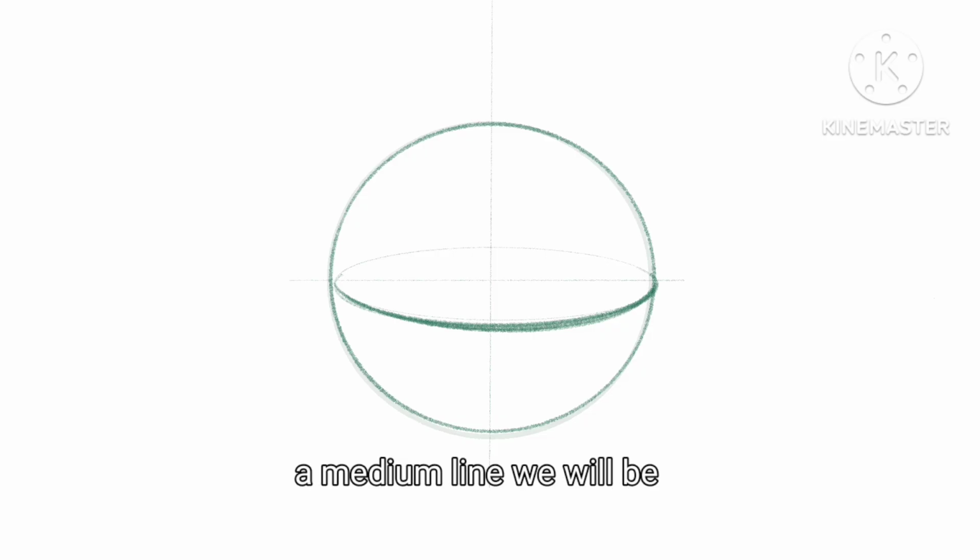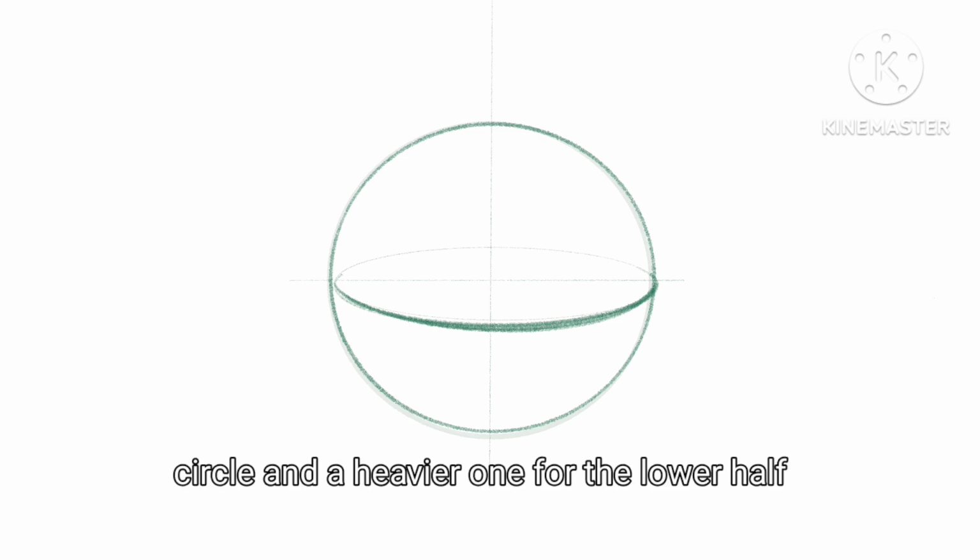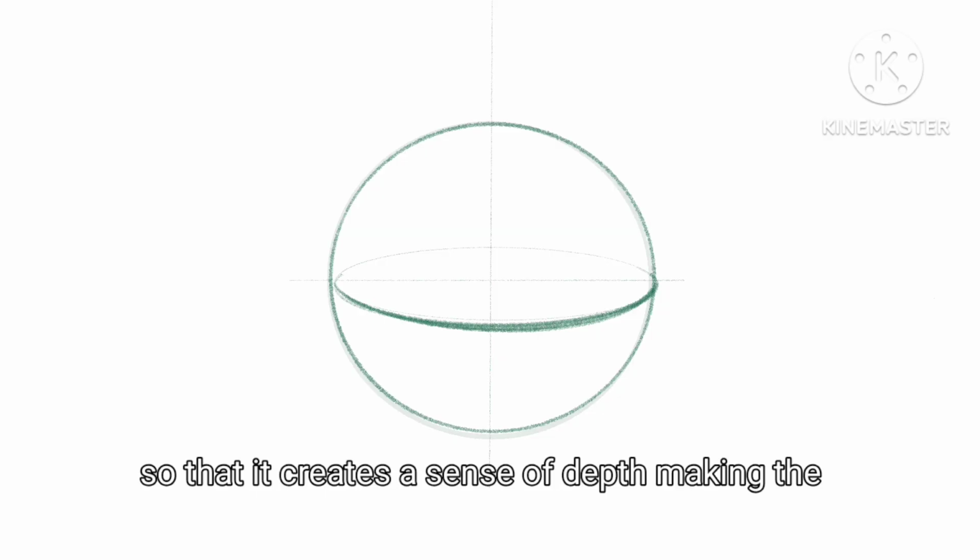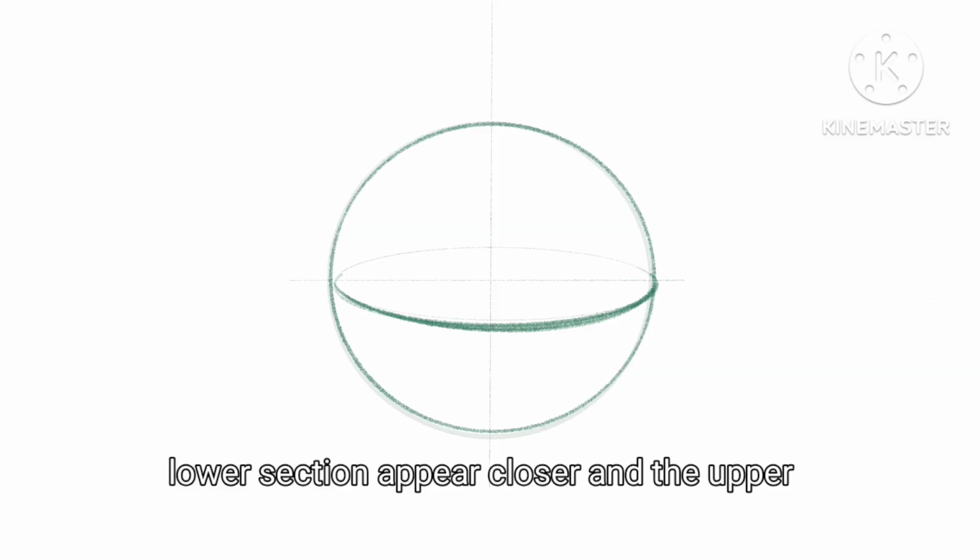The medium one we will use for drawing a circle, and the heavier one for the lower half of the oval, so that it creates a sense of depth, making the lower section appear closer and the upper section recede, giving a volumetric shape, like the shape has volume.